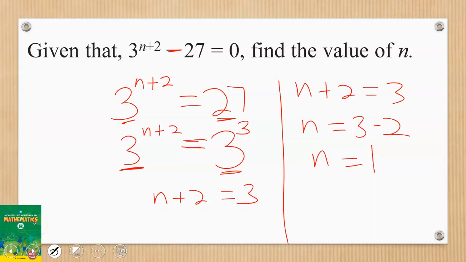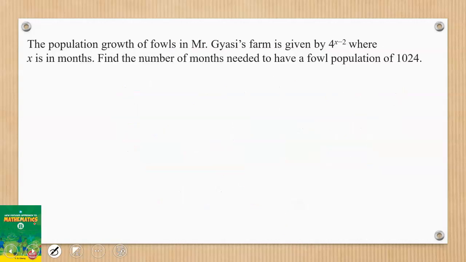Let's see more application questions. The population growth of fowls in Mr. Jesse's farm is given by 4 to the power x minus 2, where x is in months.